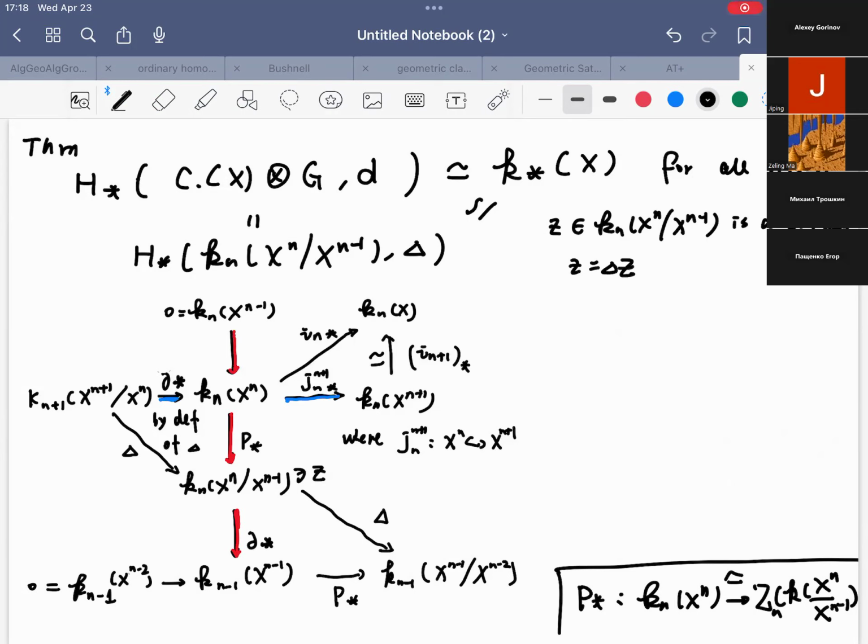And then you use partial star C equals p star. So you will get Z equal to p star partial star Z.